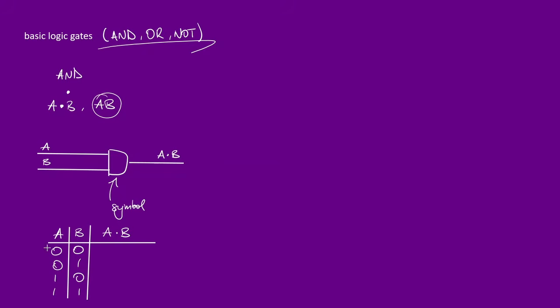It's important to know that the reason we have four rows here, 1, 2, 3, 4, is that we're going to do 2 raised to the power 2, which is 4. So given n inputs, you're going to have 2 to the n rows on your truth table.